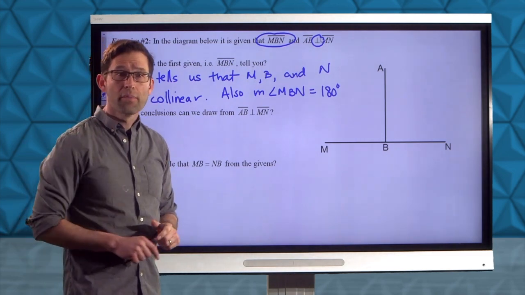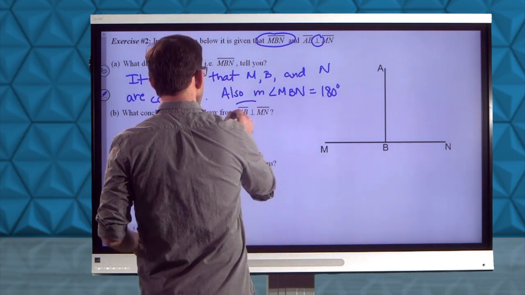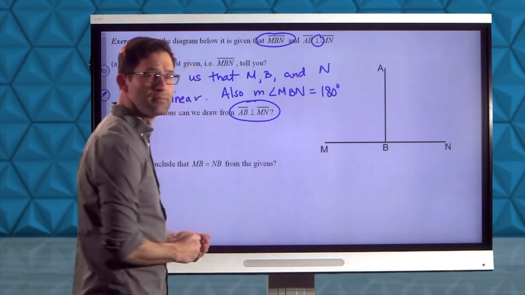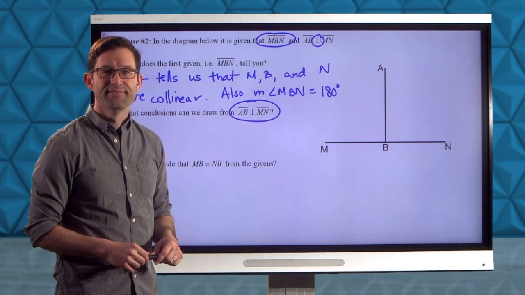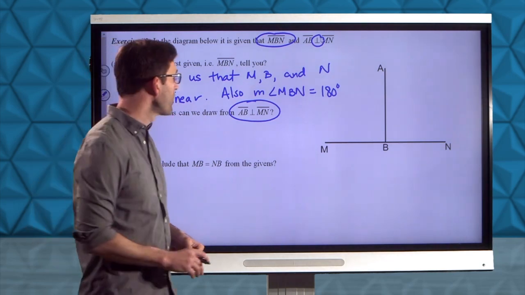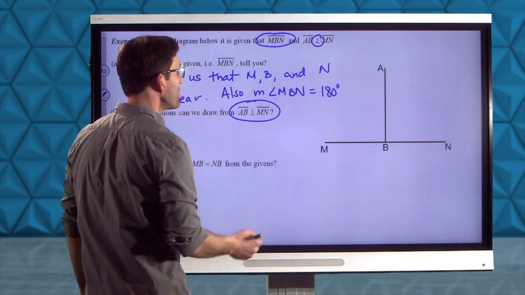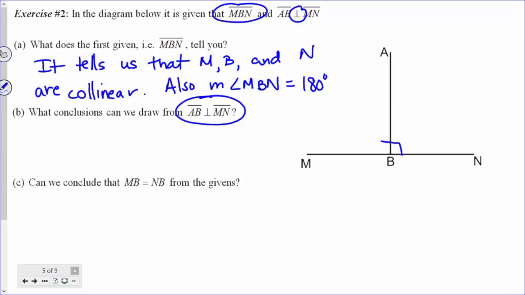Let's take a look at letter B. What conclusions can we draw from this given? All right, write down what conclusion you can draw from that given. Pretty simple, right? AB is perpendicular to MN. Don't be afraid to draw on diagrams in this course. Very, very important.